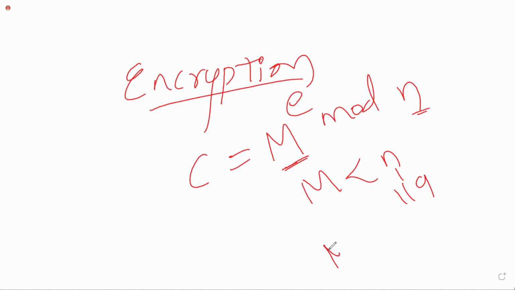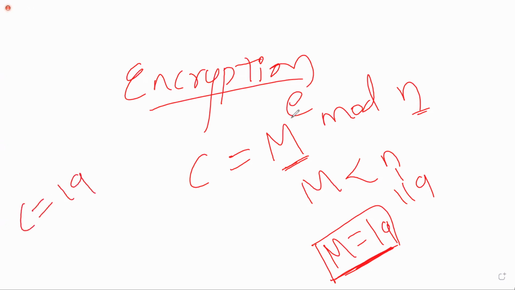Suppose m is 19, if the message is 19, then how can we calculate the corresponding ciphertext for this message m? Simply substitute in this formula.